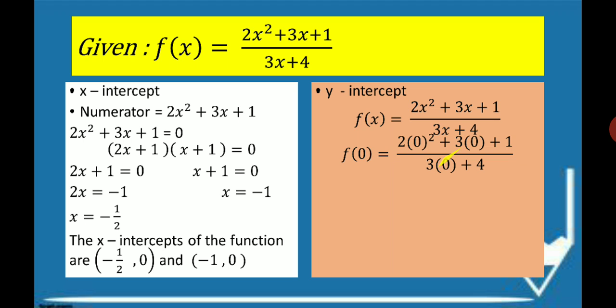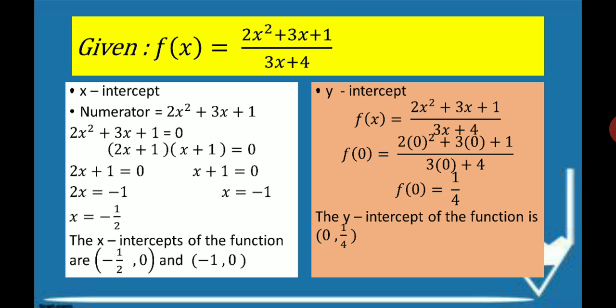So, cancel mo na yan kasi 0 na yan. What will remain is positive 1 all over positive 4. Therefore, the value of the function at x equal to 0 is 1/4. Thus, the y-intercept of the function is at 0, 1/4.